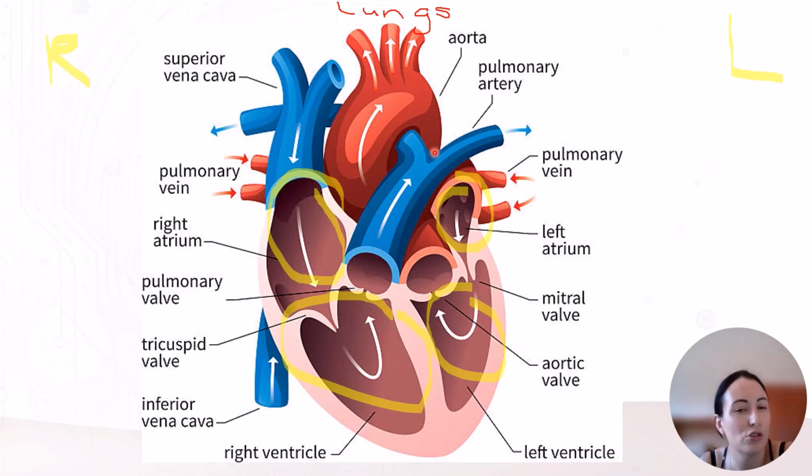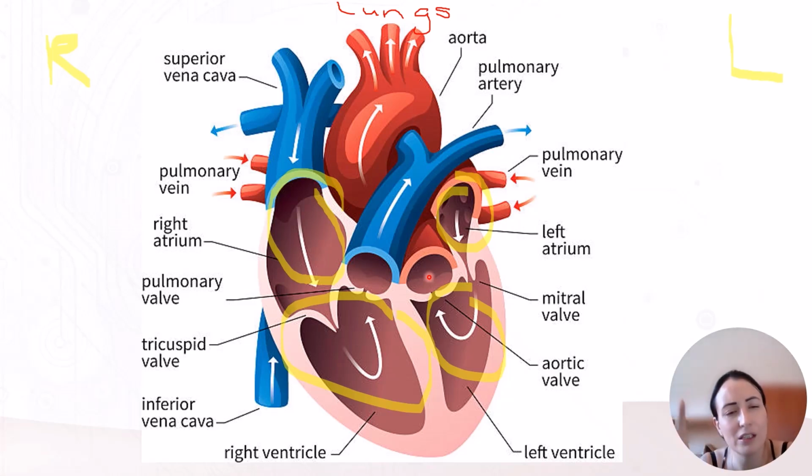The aorta will carry the oxygenated blood right around the body. It splits into smaller arteries, into smaller arterioles, into capillaries. We're going to talk about those blood vessels on the next few slides. So the blood goes around the body, down to the toes, down to the fingers, the knees, the hips, everywhere, different organs, and the oxygen in the blood is then deposited into these different organs, cells, tissues.